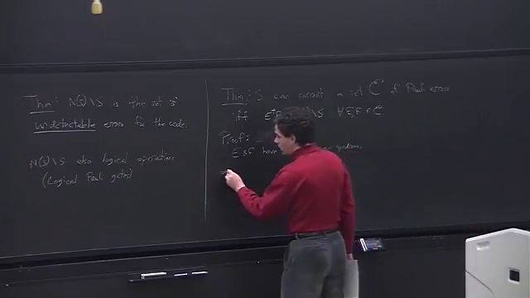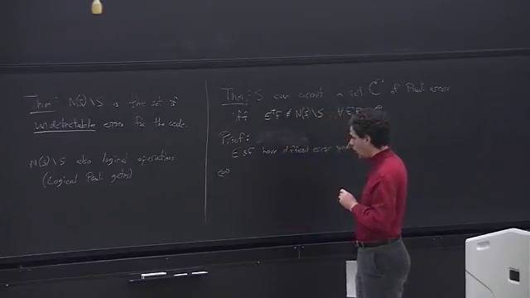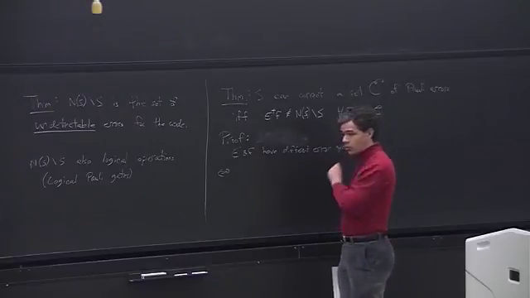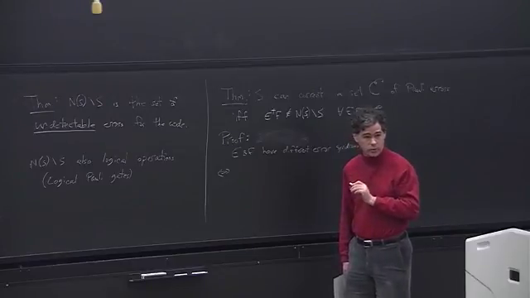What that means is that if they have different error syndromes, there's some generator of the stabilizer where one of them commutes and one of them anti-commutes.